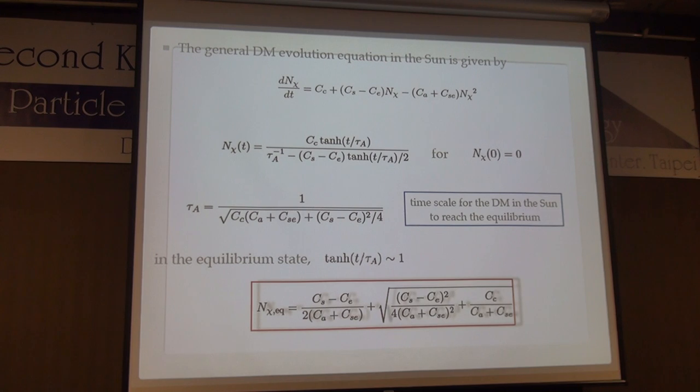You can solve this to get the dark matter number inside the sun, and this tau_A is the characteristic time for the dark matter, which you compare with the age of the sun. Once this equilibrium time is around 1, we have saturation of the dark matter number, and this is the number if the dark matter capture is saturated.